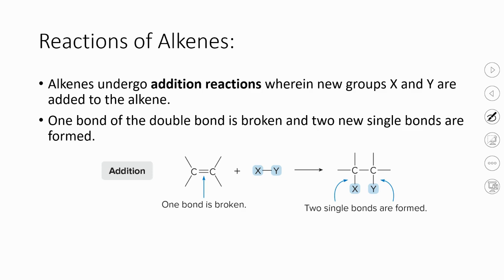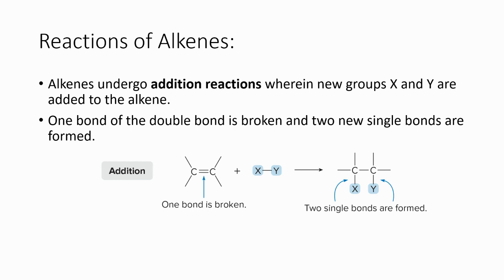So this molecule will split. We will get one part of the molecule on one of the carbons of the double bond, and the other part of the molecule on the other carbon in the double bond. So we have a double bond breaking and 2 single bonds forming.